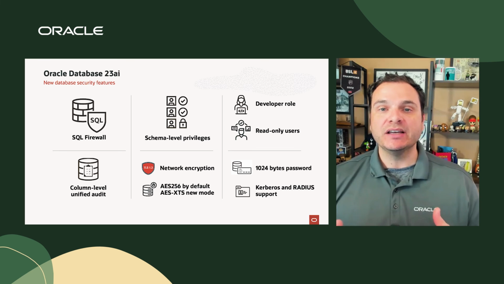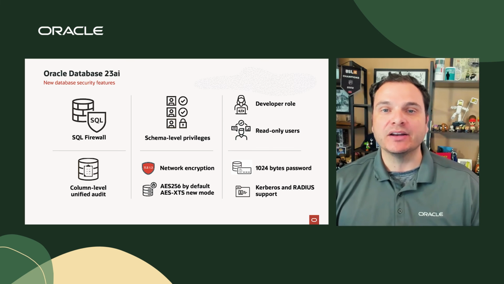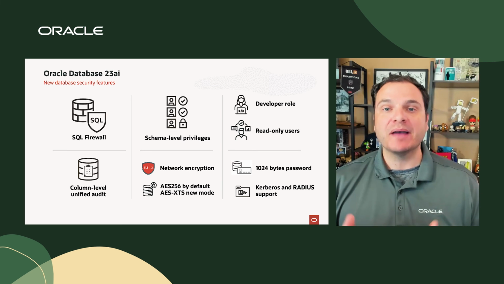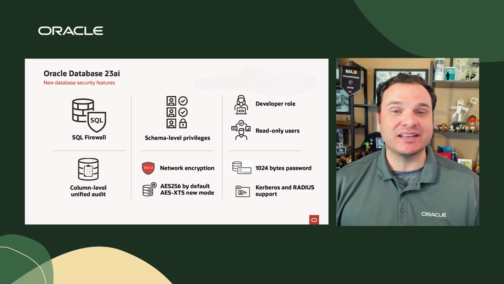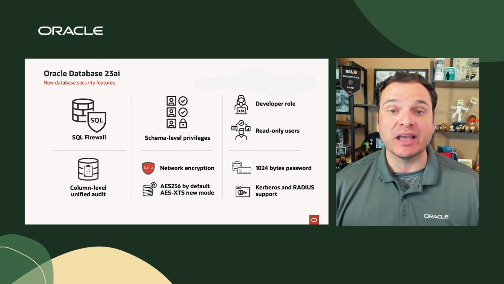If you're using RADIUS or Kerberos, those have also been upgraded in Oracle Database 23ai, and we have support for Microsoft Entra ID on-prem and in the cloud as well. Oracle has been a leader in database security for many years, and with 23ai, we continue to show that leadership and to innovate on your behalf.